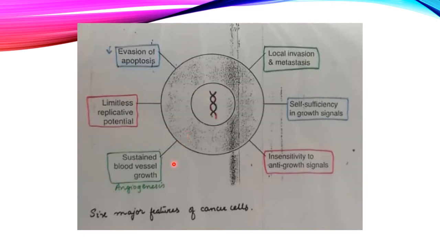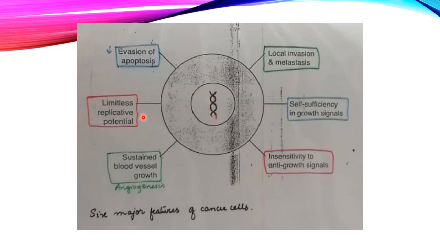The fourth most important feature of cancer cell is that cancer cell has its own angiogenesis potential, which means that cancer cell has its own sustained growth of blood vasculature or blood vessels. It can supply blood through vessels to all its cells so that nutrition can be provided to cells every time. Then the cancer cells have limitless replicative potential.